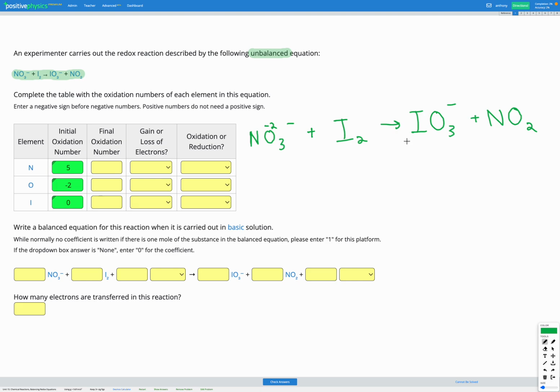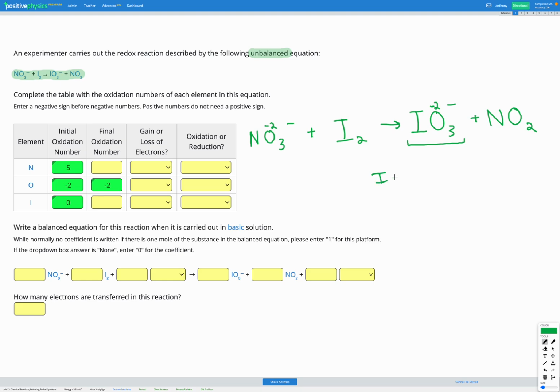In the products, we have IO3 minus. Oxygen has an oxidation number of -2. So we can go ahead and calculate the oxidation number of the iodine by looking at our overall polyatomic ion.